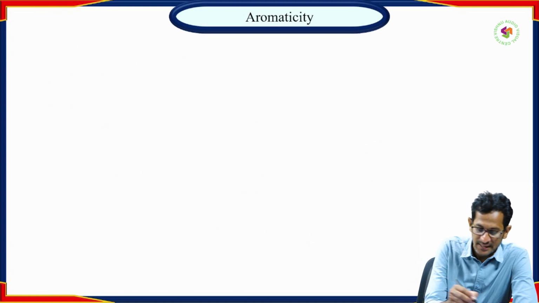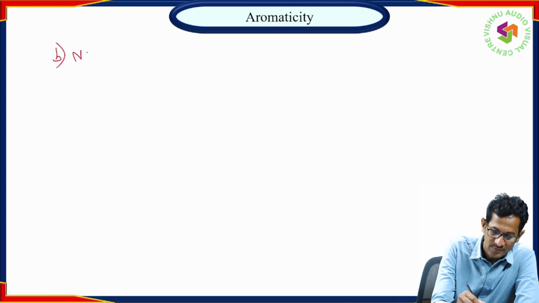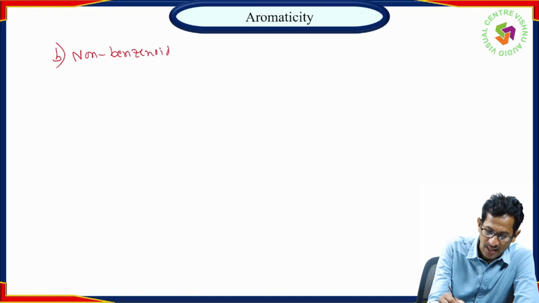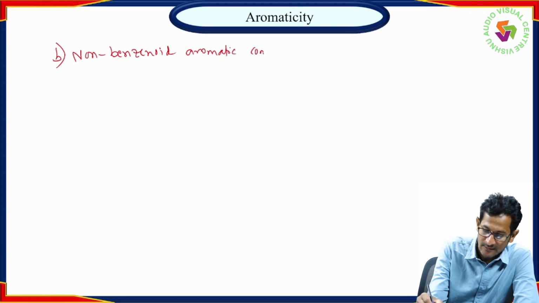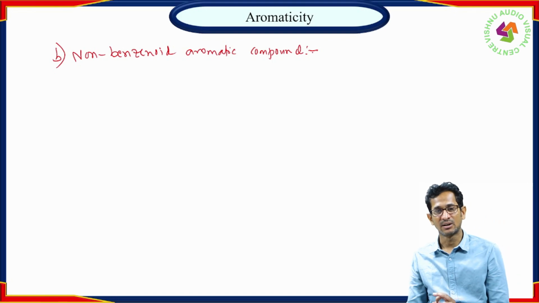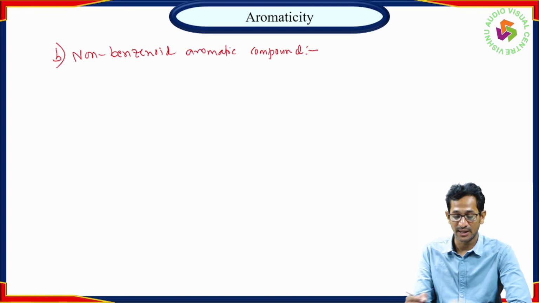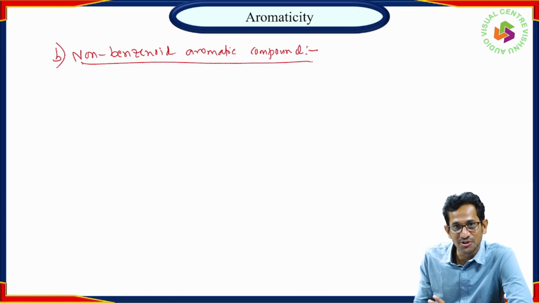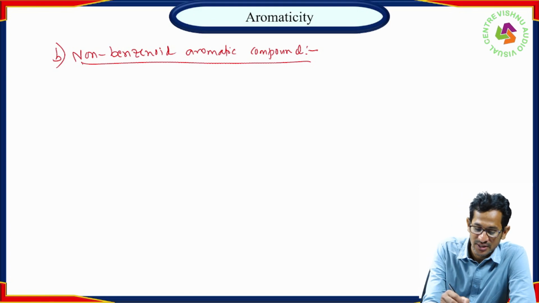Next, B, non-benzenoid aromatic compound. The non-benzenoid aromatic compound is the second classification of aromatic compounds. This is also the same: a class of aromatic compounds which do not have a benzene ring.